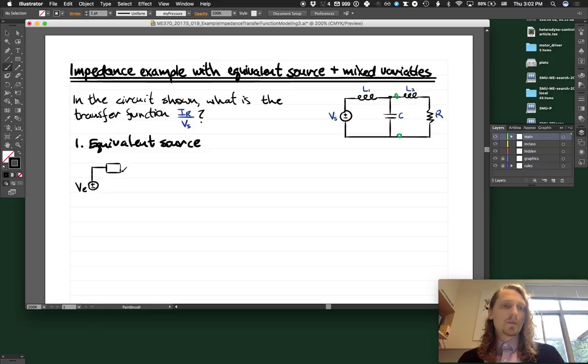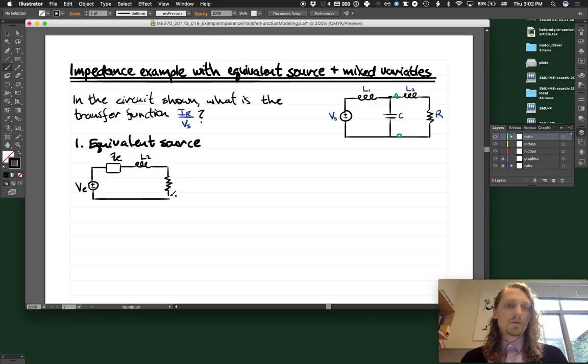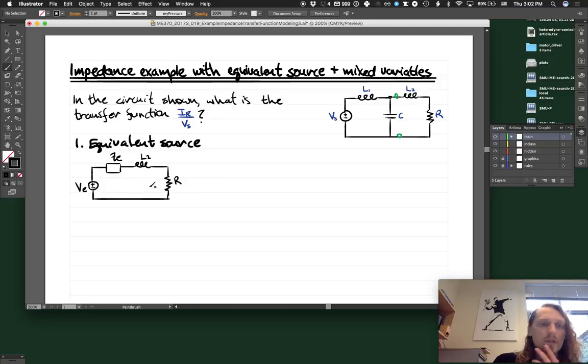We want to draw just a general impedance, ZE, in series with L2, and that is in series with R, and this is our output. So once we have VE and ZE, we can use the across variable divider rule.